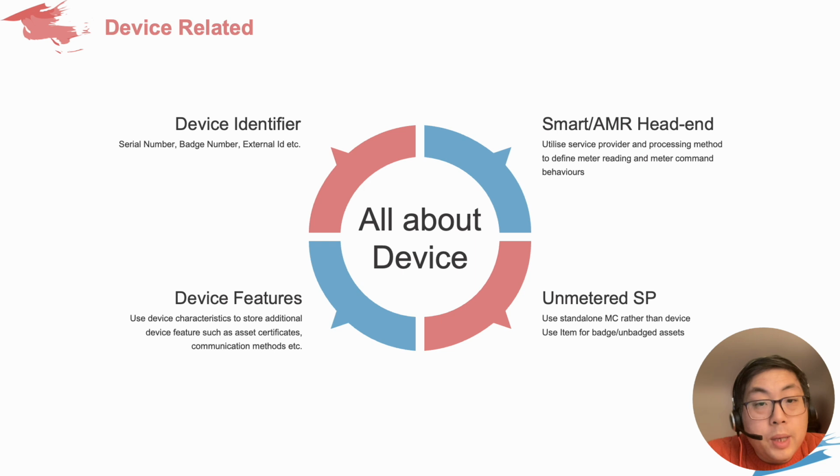And also we can use the item object for badged or unbadged assets where they don't really measure the consumption or usage, but they do need to be tracked as assets in the system. For example, it could be a lamppost installed by the utility company.